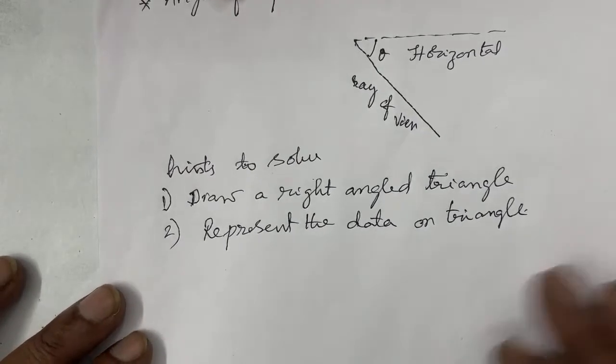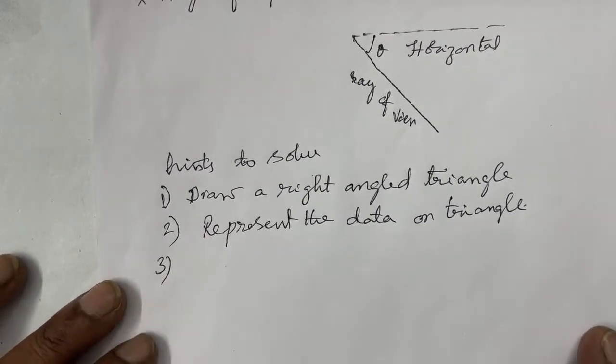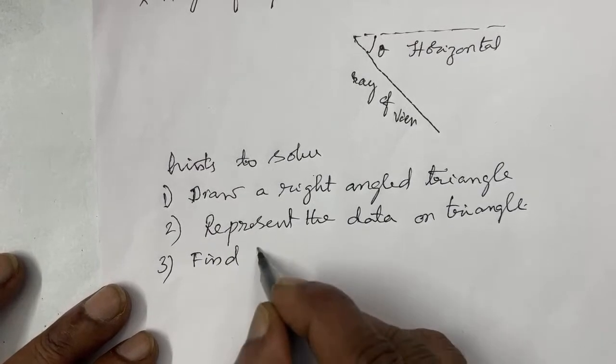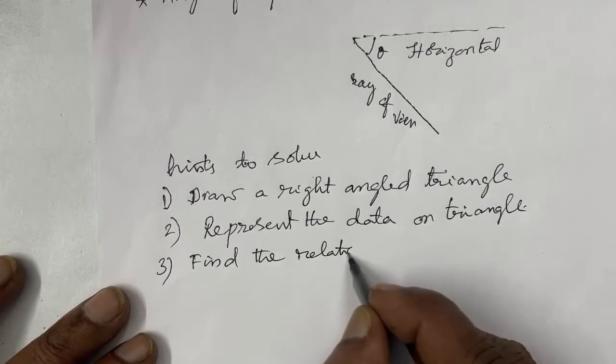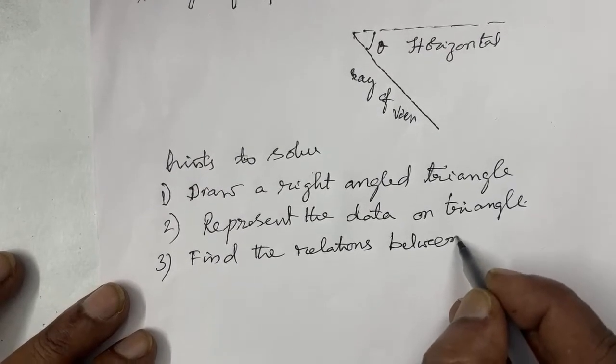The third point is to find the relation between known values and unknown values.